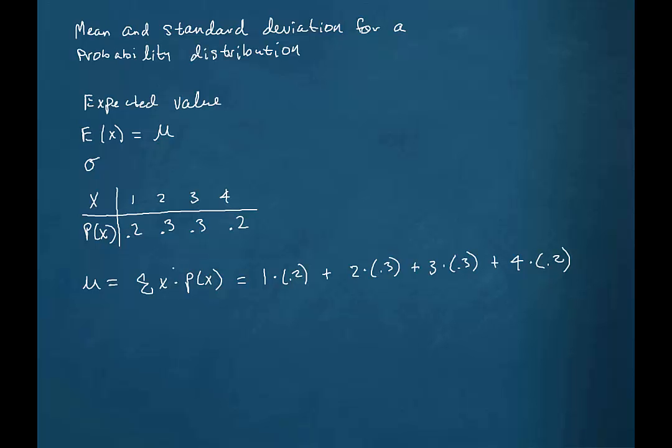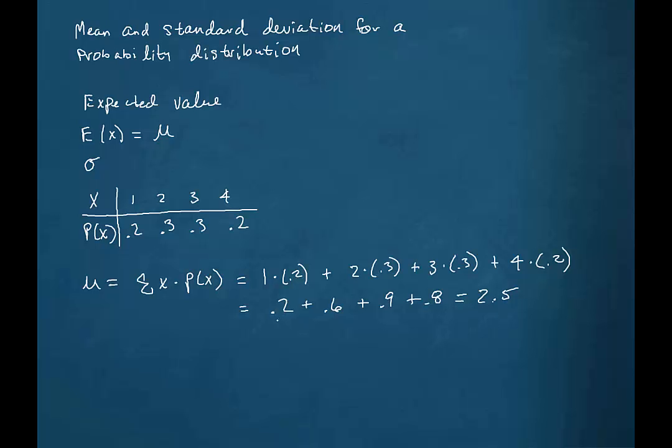That's what each of these terms represents. And so we'd have 1 times 0.2 is 0.2 plus 0.6 plus 0.9 plus 0.8. And that mean is going to turn out to be 2.5.